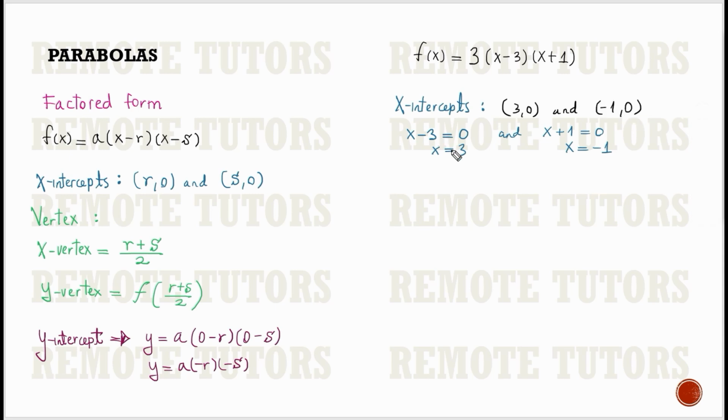Next, let's calculate the vertex. The x value of the vertex is given by 3 plus negative 1 divided by 2, which gives positive 1. And in order to find the y-vertex, we need to solve for f of 1.